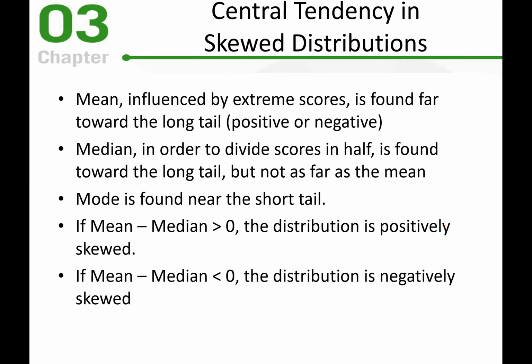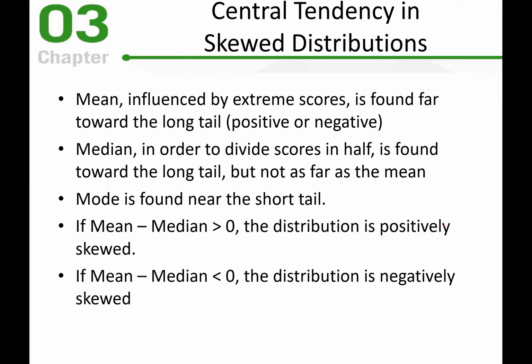So here are some ways of figuring out what's going on when we have skewed distributions. Like I said a couple of slides ago, the mean is influenced by extreme scores, and it's found far toward the long tail, whether the tail is in the positive or negative direction.